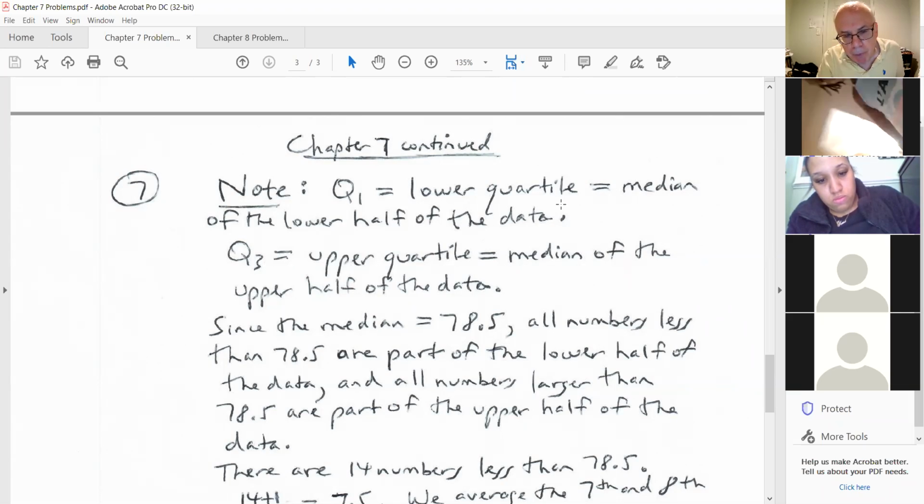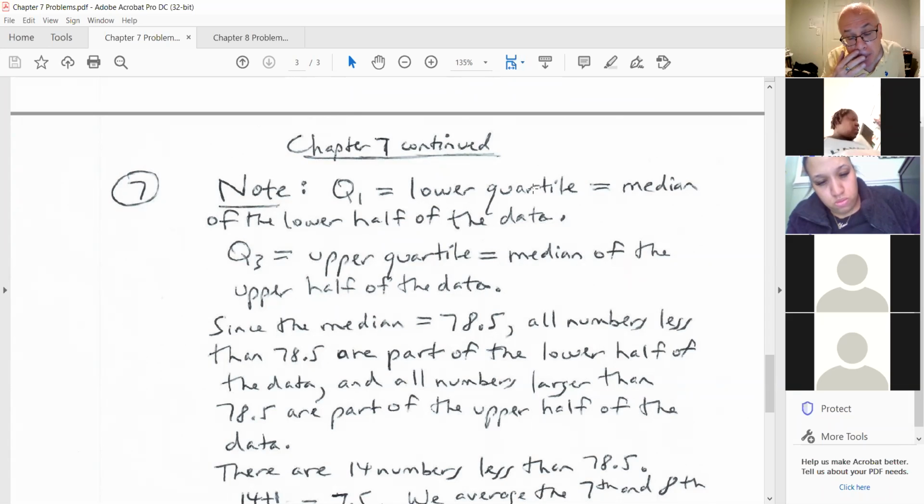Well, the median, remember, is the middle value. And the median means that 50% of the data is less than that number and 50% is greater than that number. So what the median does, it splits the data set into 2 equal pieces. And of course, it's an ordered data set, from smallest to largest. So the smallest half, if we found the median of the smallest half, that's called Q1, the lower quartile.